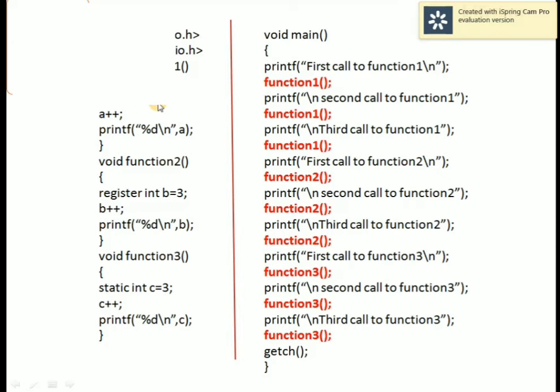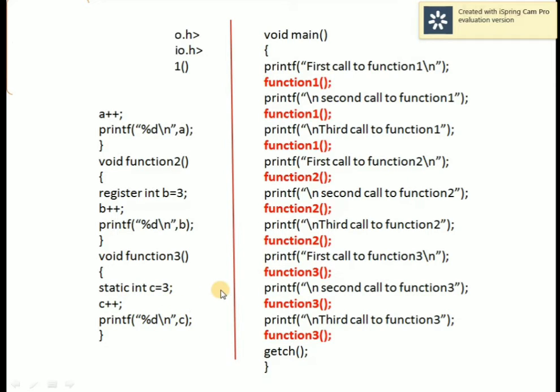But here I have initialized it to 3. Then a plus plus means increment, then printf a. Same in function 2 I have taken b as register type, and functionality is same, b plus plus and then print. In function 3 I have taken static variable c, then again c plus plus and printing c.